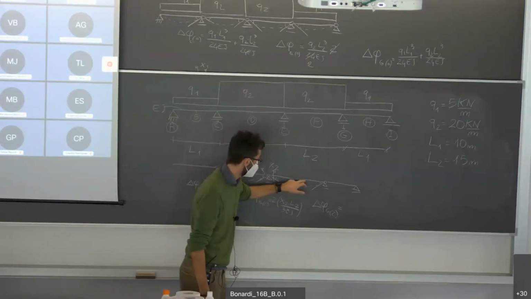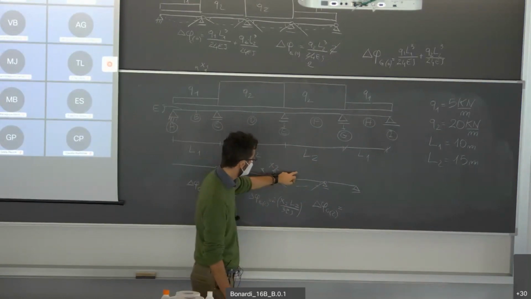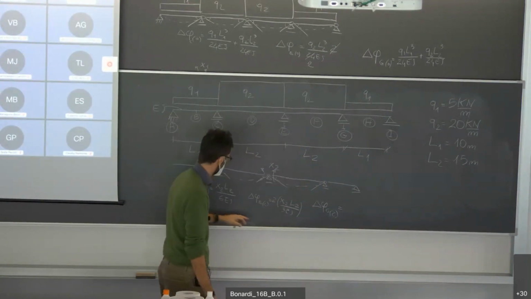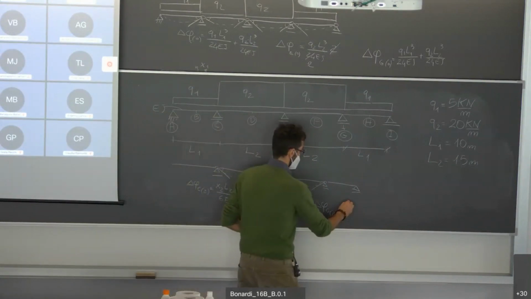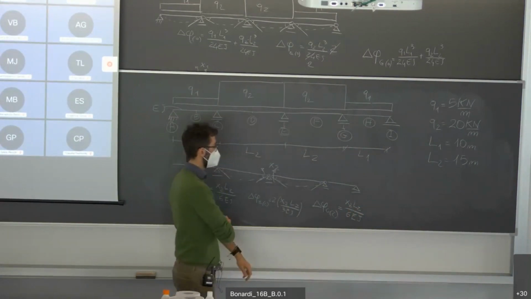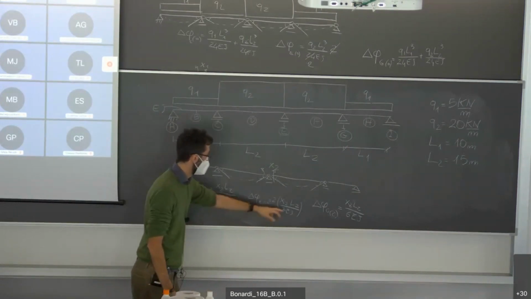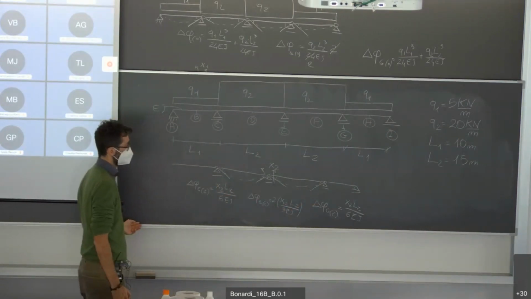Because we have only this rotation, which is the rotation in the node opposite to where the bending moment is applied in a beam whose length is L2. The bending moment is still x2. So we have this stuff. Again, we have a good symmetry between node G and node C.